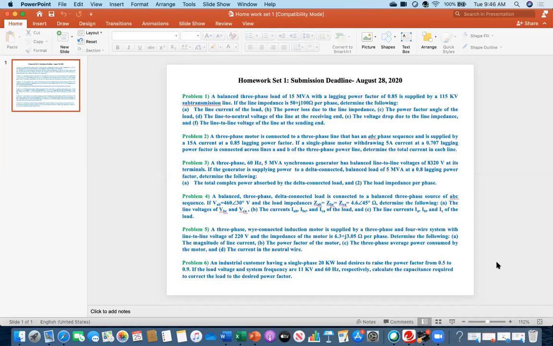Then you scan and make a single PDF file. Don't upload 6 PDF files, combine them into a single file. Do you understand what I mean?